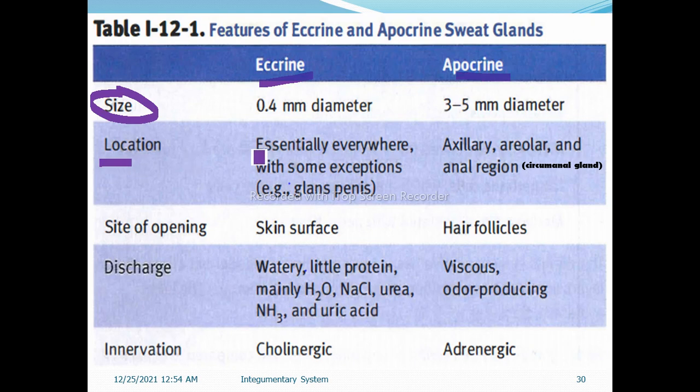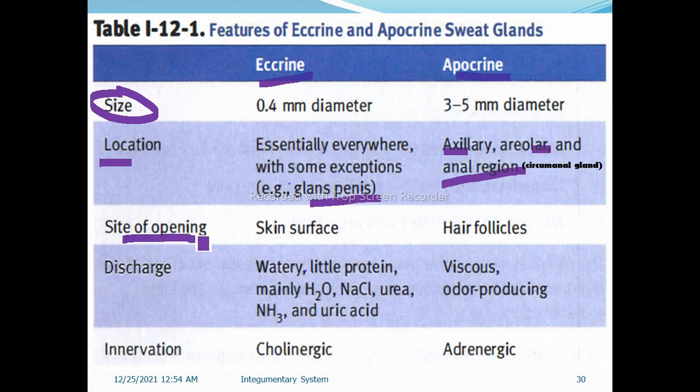Based on location, the eccrine or merocrine gland is found everywhere in the body, except some exceptions like the glans penis and the tip of the breast, like the nipple. But the apocrine gland is found in the axillary, areolar, and anal regions. So this is the location difference.